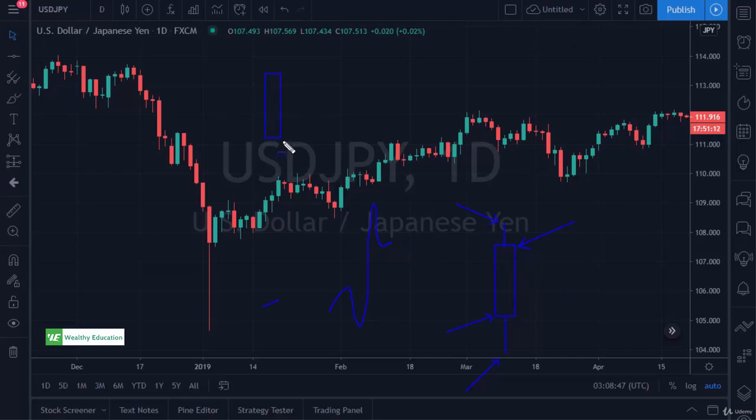But on a red candlestick or a black one, the body would be dark, obviously. So this means that the closing price has to be lower than the opening price. So that's your close. That's your open.